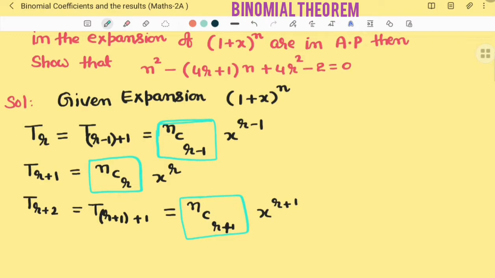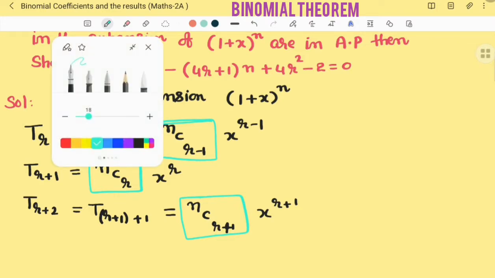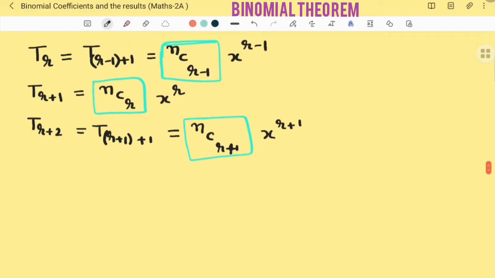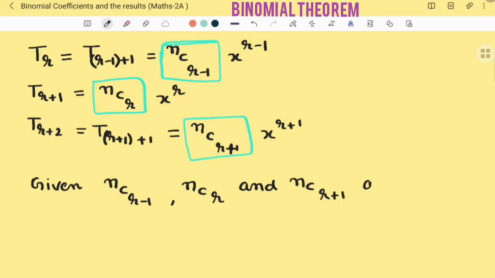These terms are in AP. So, given nC(r minus 1), nCr and nC(r plus 1) are in arithmetic progression.